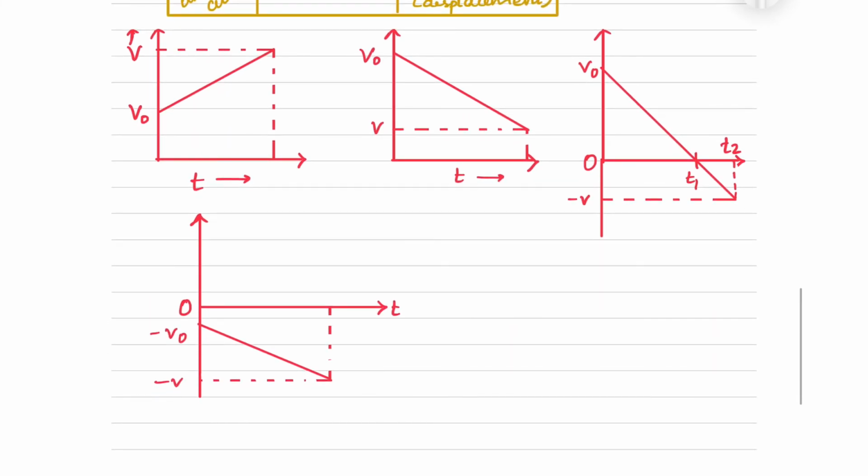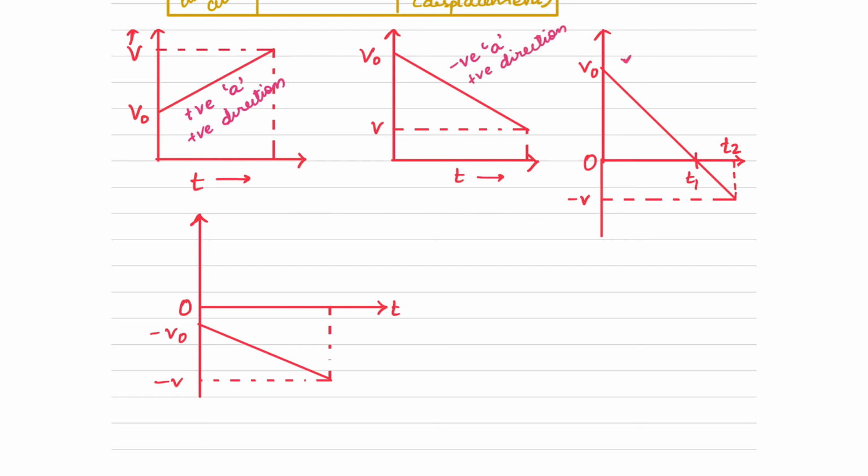Now let us discuss the vt graphs in case of positive acceleration and negative acceleration. In the first case, the acceleration of the body is positive and the body is moving in a positive direction. In the second case, the acceleration of the body is negative, but it is moving in the positive direction.